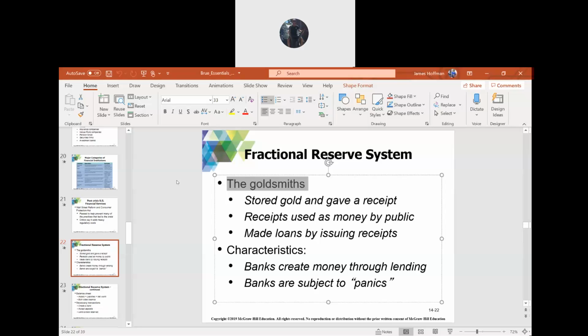All right, so this concept started with an old profession called goldsmiths. Back in the days when money was backed by gold, in the early 1900s and before that, the total amount of money was backed by gold, so there wasn't more actual currency than the amount of gold in the United States.